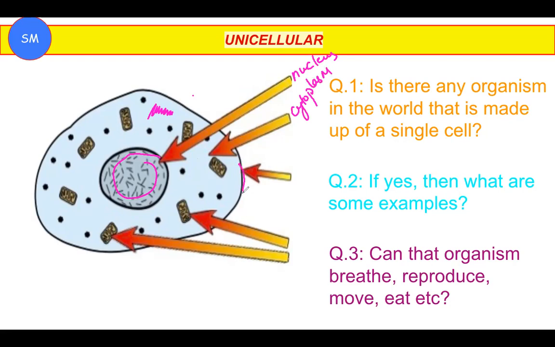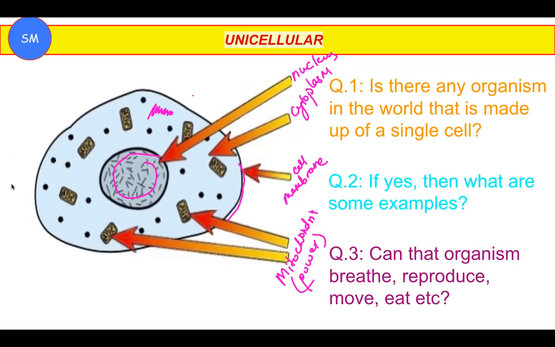This cytoplasm is bound by an outer skin-like layer, which is known as the cell membrane. It maintains the structure. And this is the mitochondria, known as the powerhouse of the cell. Power is generated here for doing work, for doing everything. So this was a quick recap of what we studied last class.